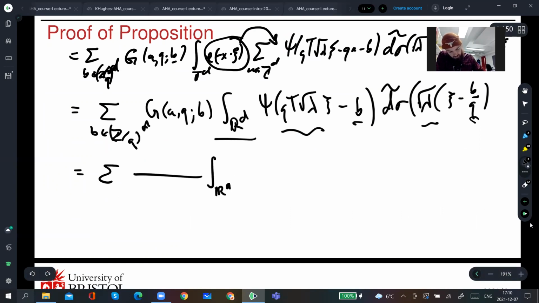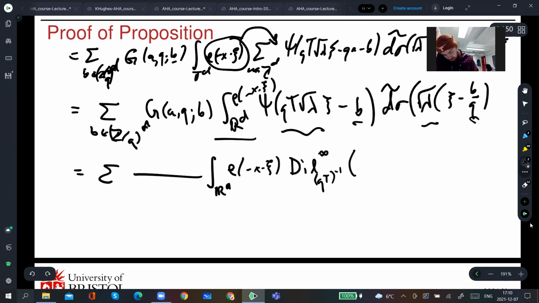Oh, I forgot the factor of e of minus x dot c. And then I have this dilation operator, q t inverse, applied to psi at root lambda c minus b.